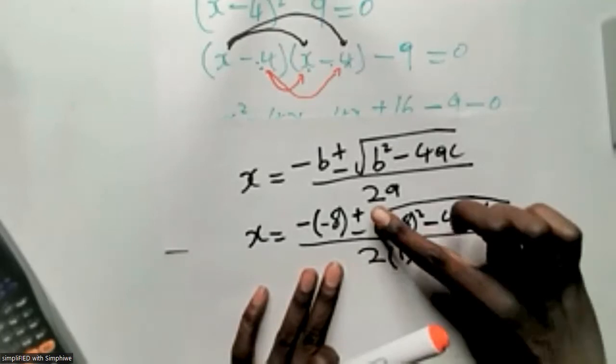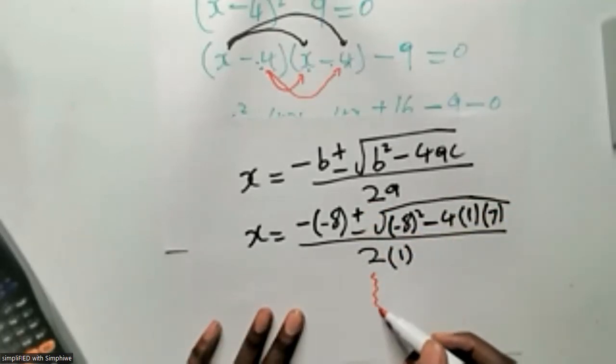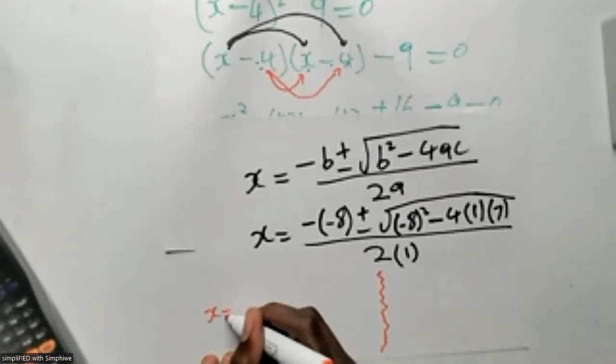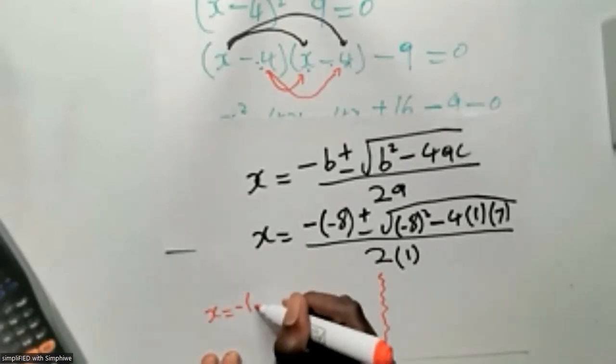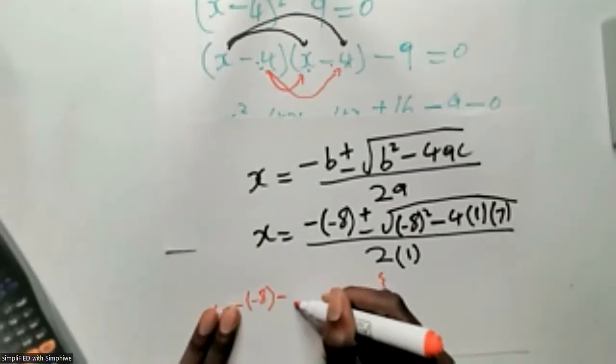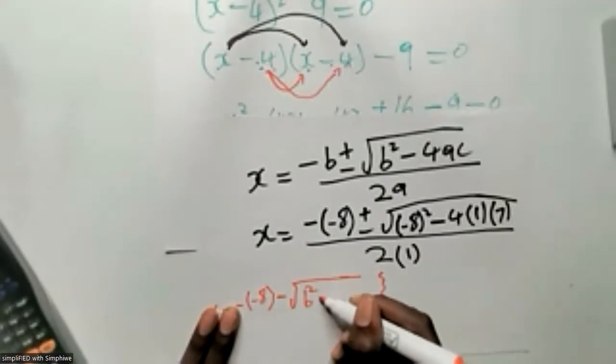Now this part here, you just punch it on a calculator, but here is a trick. This thing has two parts, the plus and the minus. It means you're going to have two answers. Let me just write it. You can start with the one with the negative.